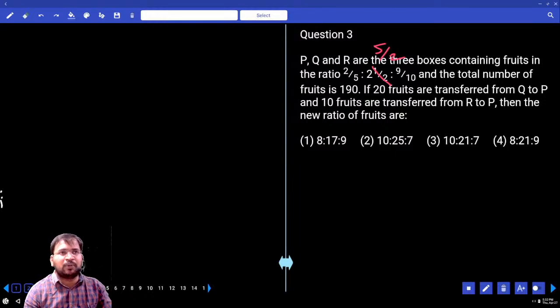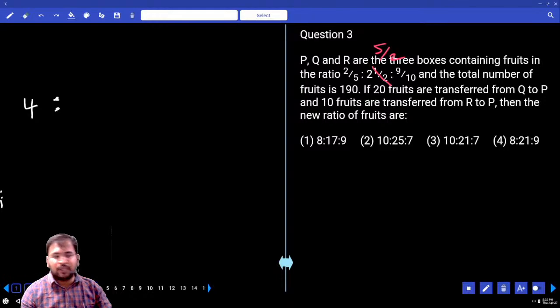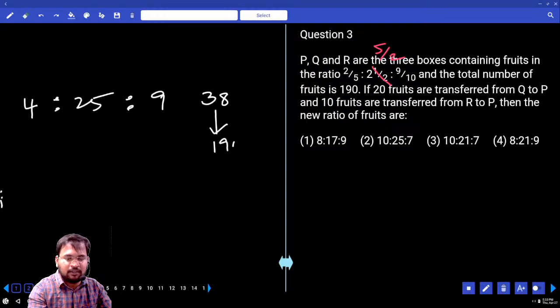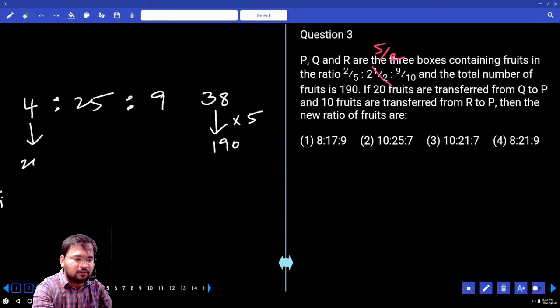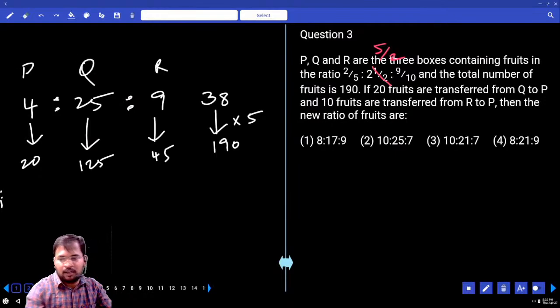So 2 by 5 into 10 is 4, next 5 by 2 into 10 is 25, and 9 by 10 into 10 is 9. Total how many parts? 38 parts. Each part is 5, so this is P, this is Q, this is R.